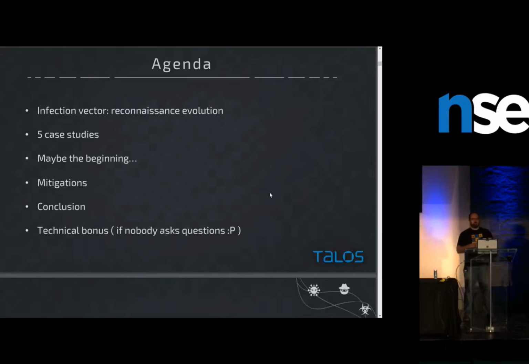I will show you with 5 case studies exactly how the attackers modified the infection vector in order to limit the spread of the exploit or the remote administration tool.